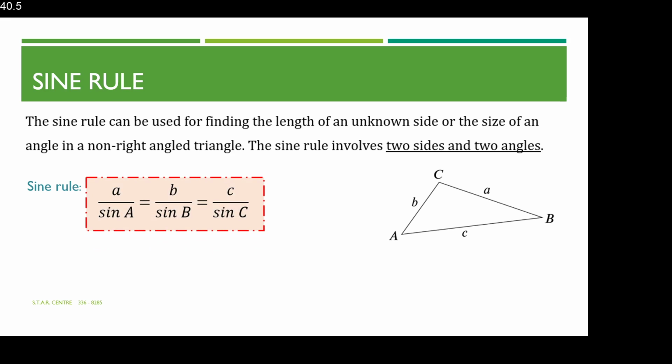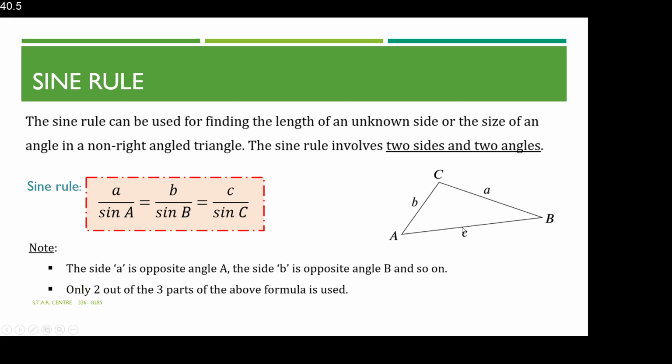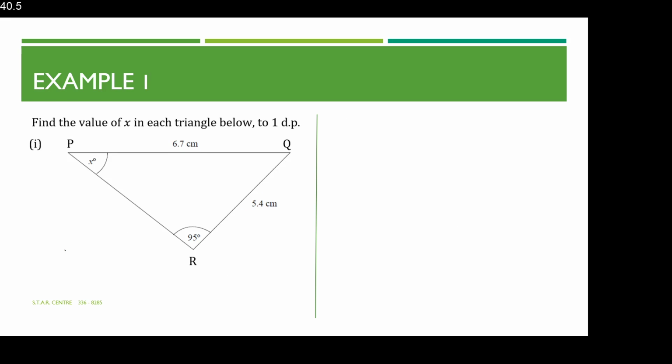We have a over sine A equals b over sine B equals c over sine C. And from our triangle, if you look at it, it's very similar to the one that we did for area, where for angle A, the side opposite that is side a. And for angle B, the side opposite that is side b. And for angle C, the side opposite that is side c. And at any point in time, only 2 out of the 3 parts here would be relevant for our calculations, as you would see in the examples.